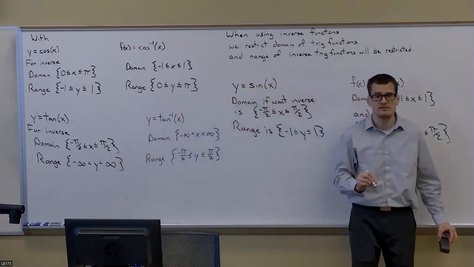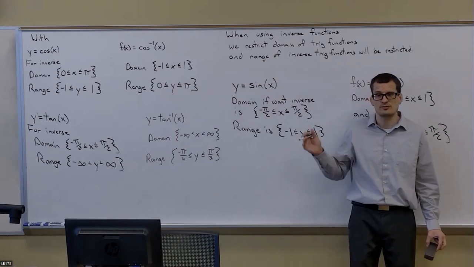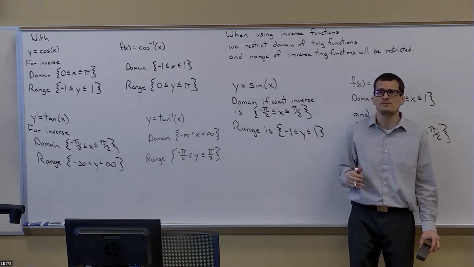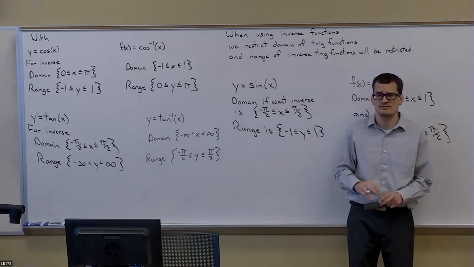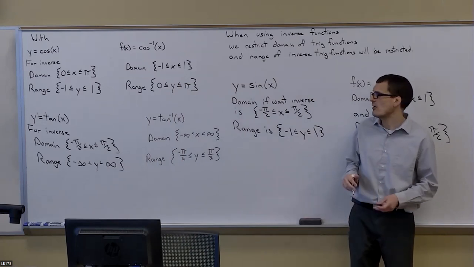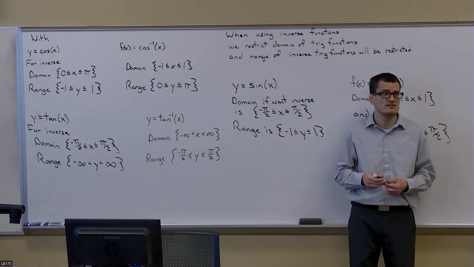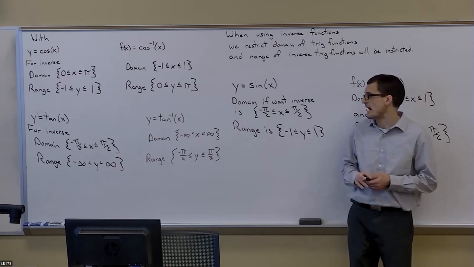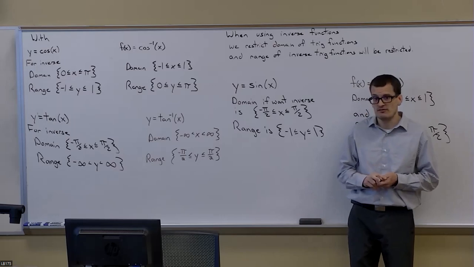Okay. So to have a true inverse, that's what I have to do on all of these. I have to restrict the domain of the trig function to get an inverse, and that means that the output of the inverse function is going to be restricted.